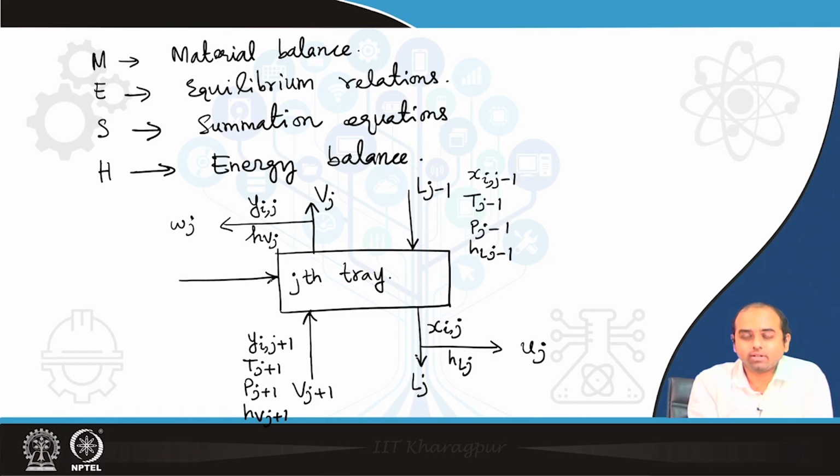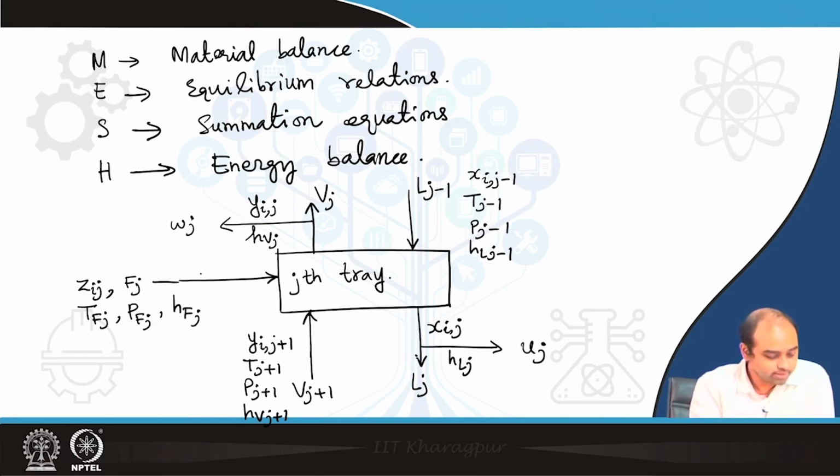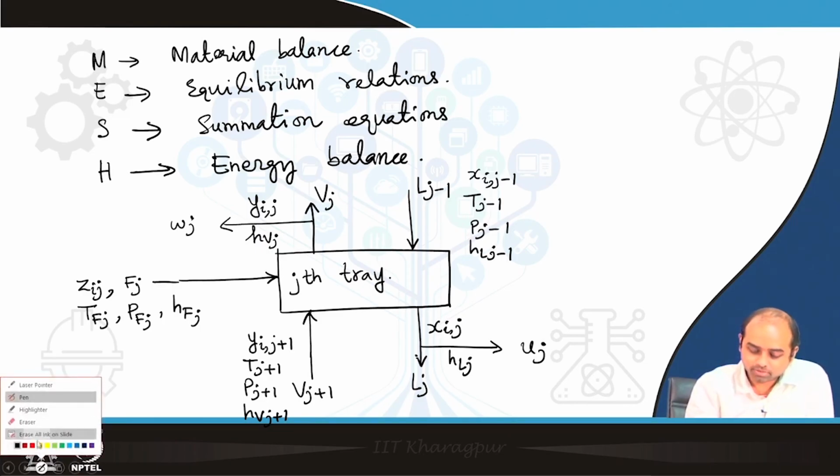Generally only the trays which have some feed, single feed or multiple feeds, will have this stream, and for the rest of the trays this will be zero. So you have Fj and z i j is the composition, T f j, then you have P f j, and hf j represents the enthalpies. I hope all of you understood the tray layout.